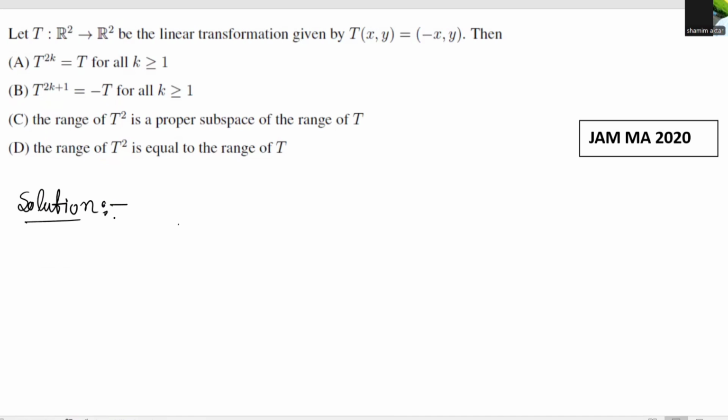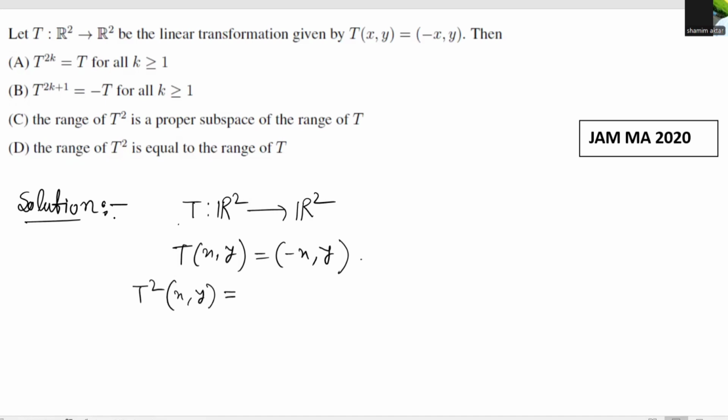Here we are given the transformation T from R2 to R2, defined by T(x, y) = (-x, y). Now we operate T again on both sides. So we have T squared (x, y) equal to T(-x, y), which equals (x, y).